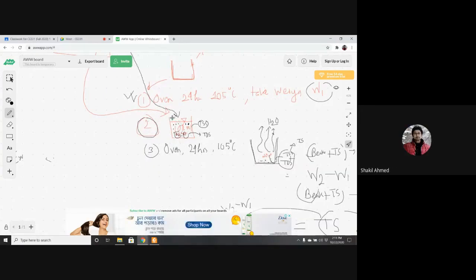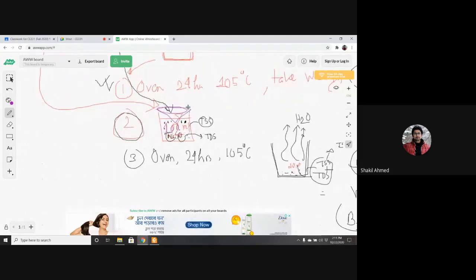Instead of doing that, what you need to do is apply a filter here and make it 100 ml. Now tell me, since this is filtered, all the TSS, suspended particulate matter, will now be captured here, right?